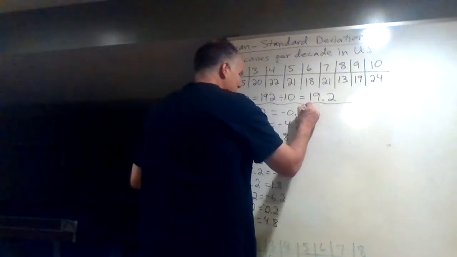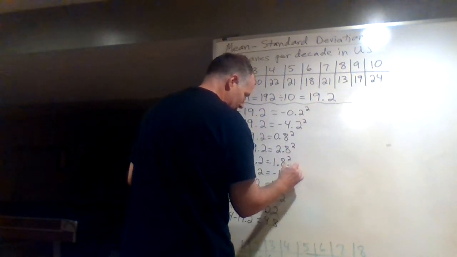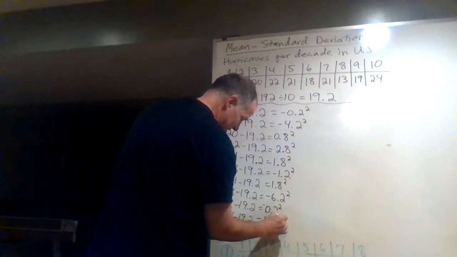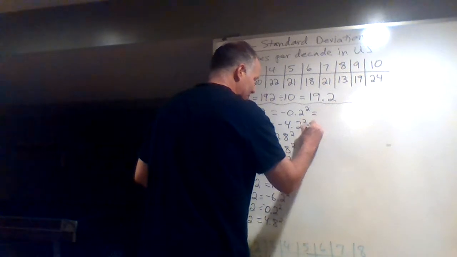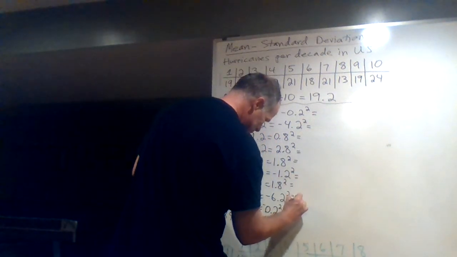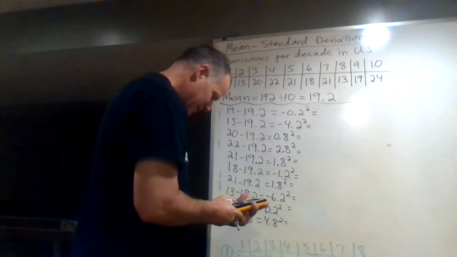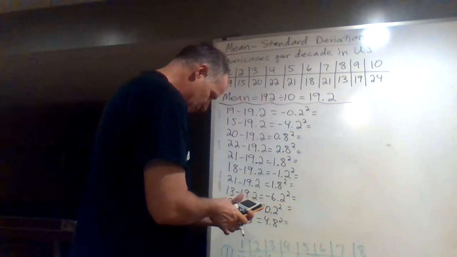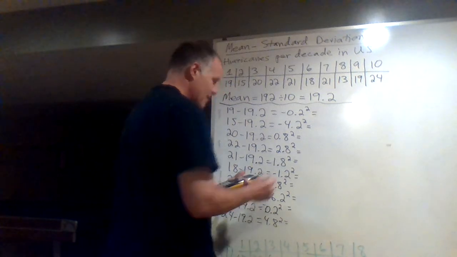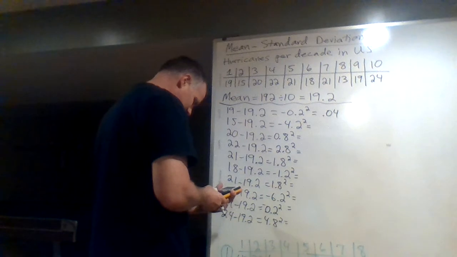Now, we're going to square each of these. Remember, the negatives need to be considered in parentheses. Use your calculator. Negative 0.2 squared, remember these are going to be positive, 0.04.